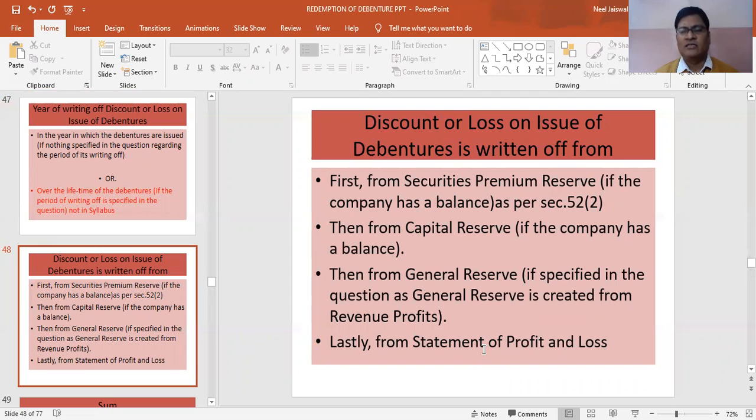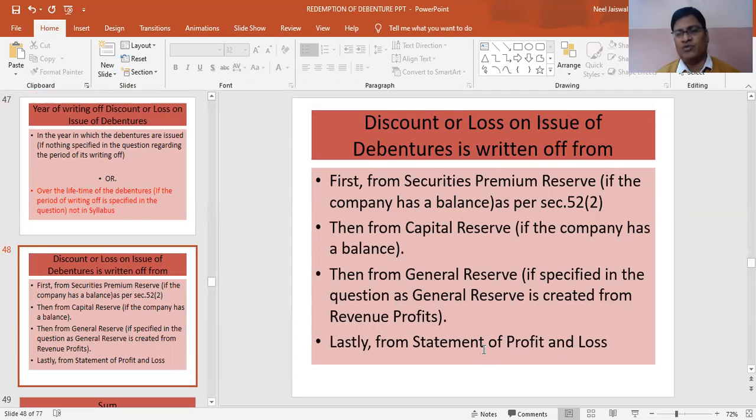To illustrate this, I'll give you an example. Suppose loss on issue of debenture is 1 lakh. Securities premium reserve is 5,000. Capital reserve of the company has 5,000. General reserve 5,000. And statement of profit and loss also has 5,000 credit balance. So we will first do securities premium reserve account debit 5,000 to loss on issue of debentures 5,000. Still 95,000 loss is left to be written off. Then capital reserve to loss on issue of debentures 5,000.